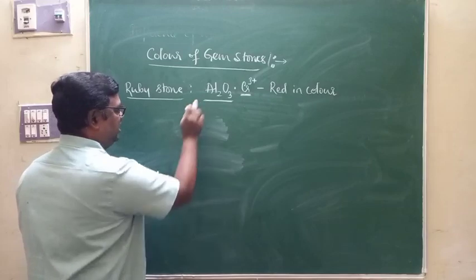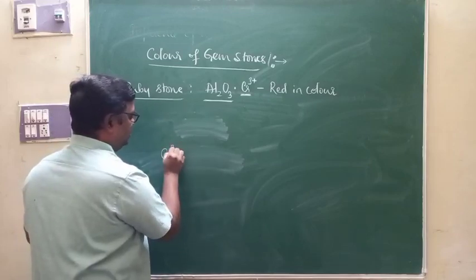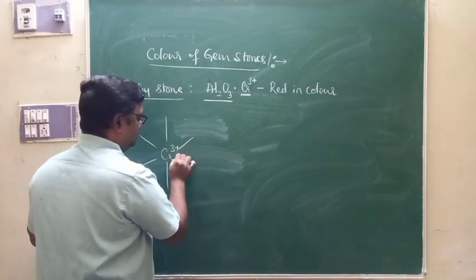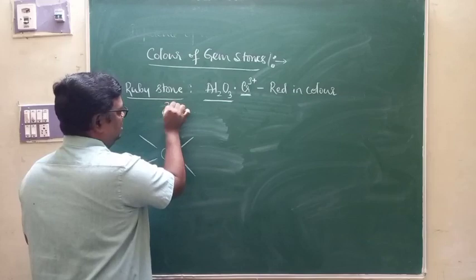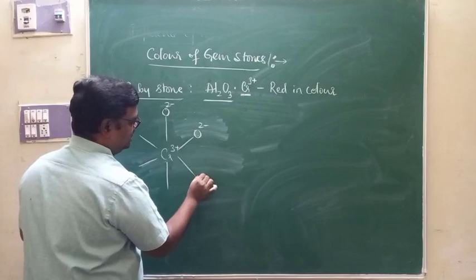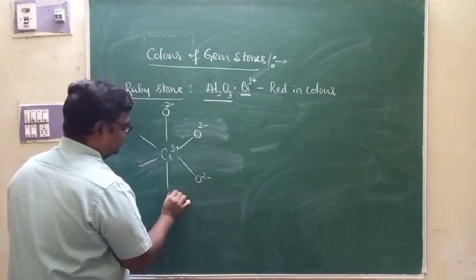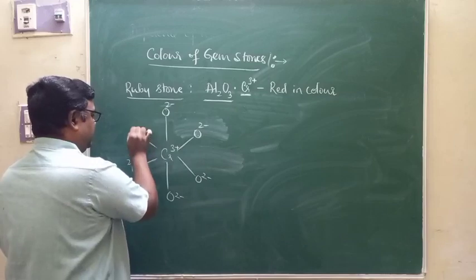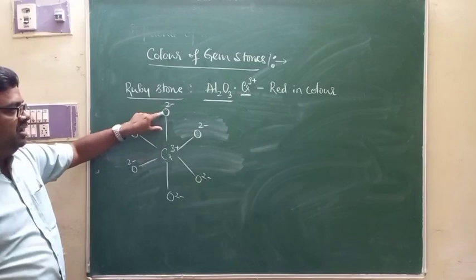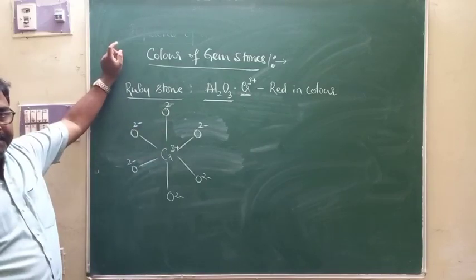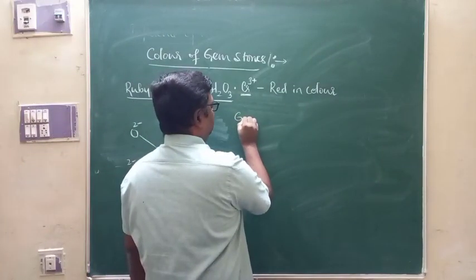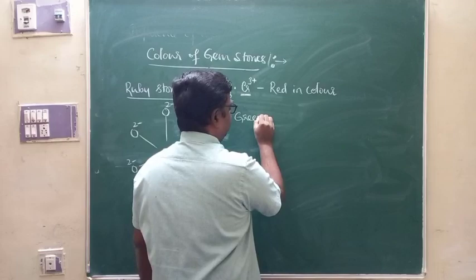In the lattice of Al2O3, these Cr3+ ions are octahedrally surrounded by 6 oxide ions. They are acting like ligands. Look at this, Cr3+ ions are surrounded by 6 oxide ions. And thereby, this particular ruby stone is going to absorb radiation from the green region of VIBGYOR.